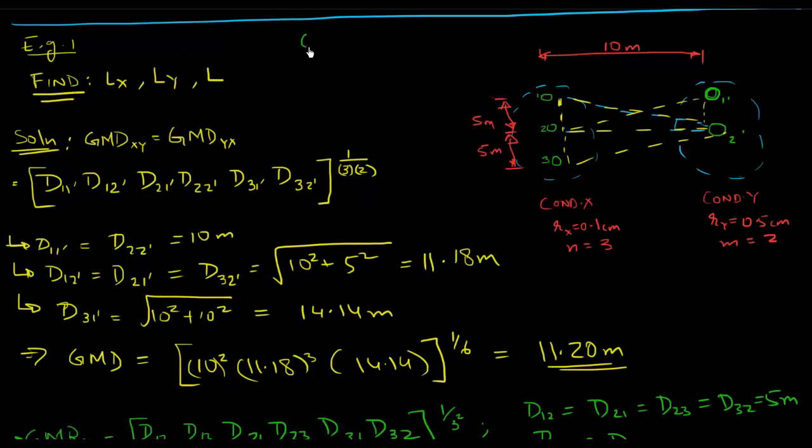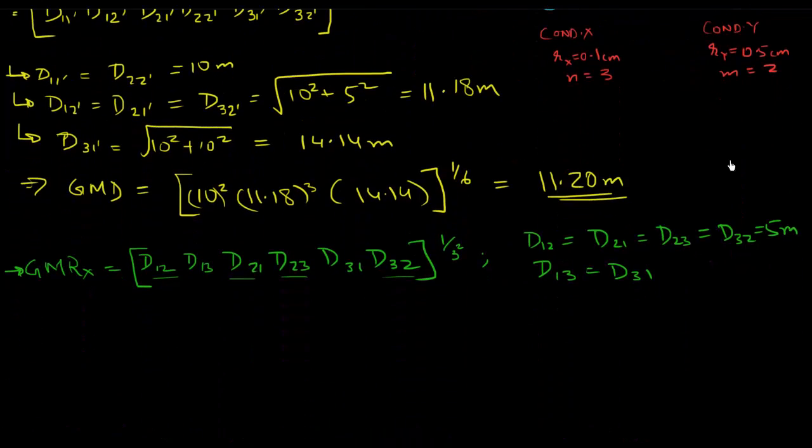GMD will always have m times n values, and the GMR, in this case in X for example, would always have n square values, and GMRY will always have m square values.